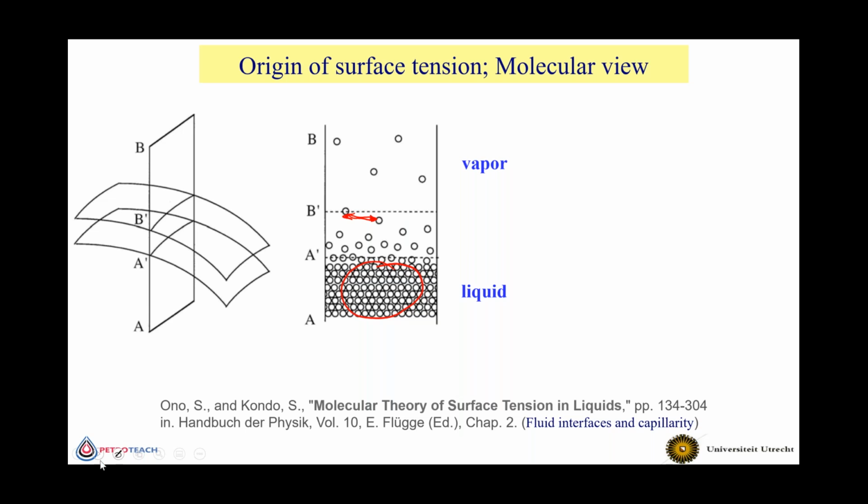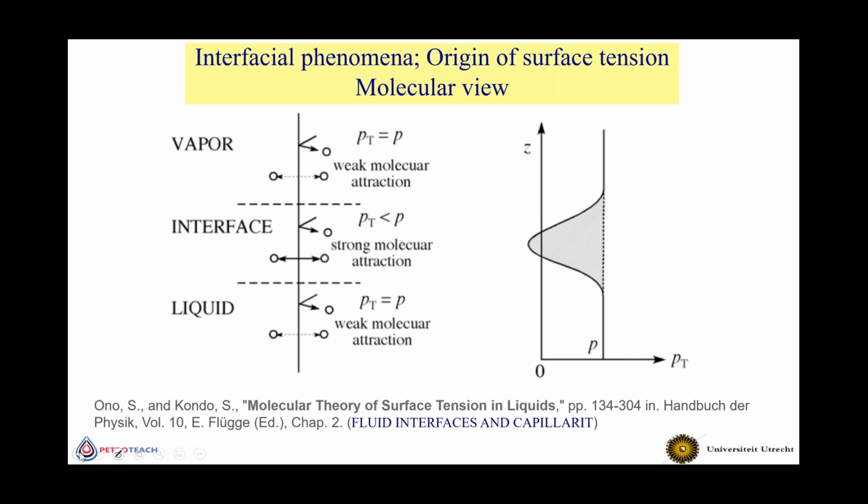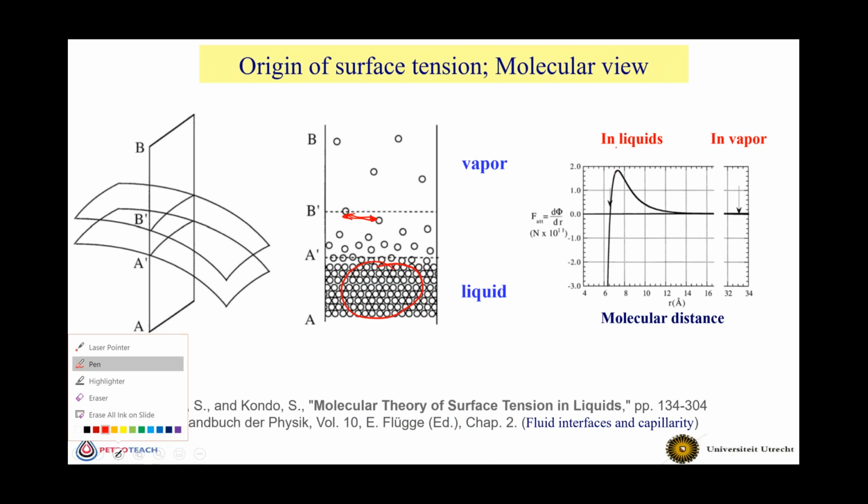So now if you go back to the drawing I showed you, that's here, you see that now the molecular distances approach this distance between them, and you have a large attraction force.